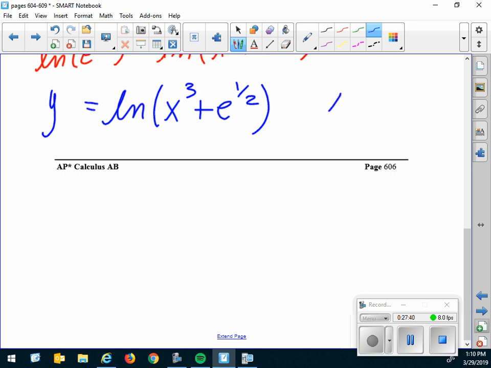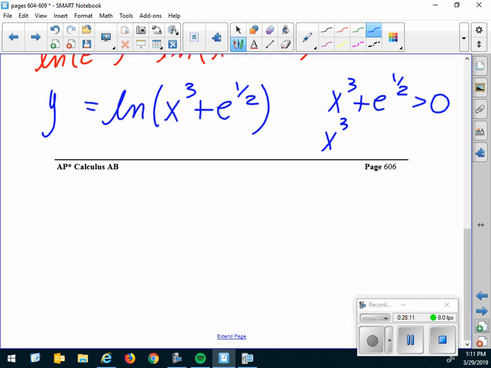Now when it says to find the domain, I can only take the natural log of what kind of numbers? So let's solve that little inequality right there. Real easy to solve. Subtract e to the 1/2 from both sides, because remember, e to the 1/2 is just a number, right? Because e is 2.7 something something. So the square root of that is just a number.